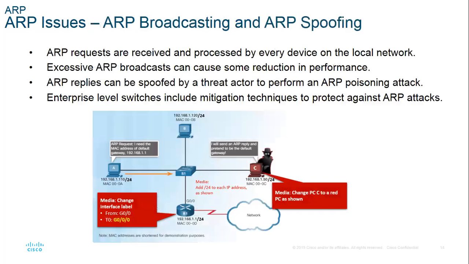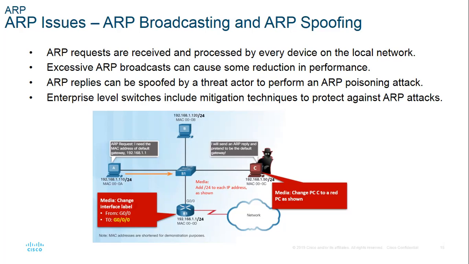The main issues of ARP are ARP broadcasting and ARP spoofing. In fact, when you generate an ARP request, since you don't know the destination MAC address, it will be encapsulated within an Ethernet frame where the destination MAC address is a broadcast MAC address. So every device on the LAN will receive this ARP request.